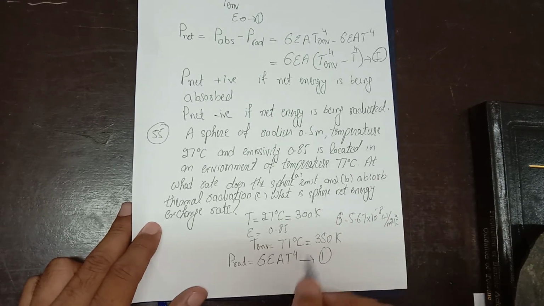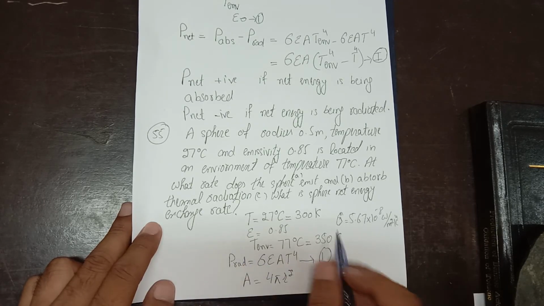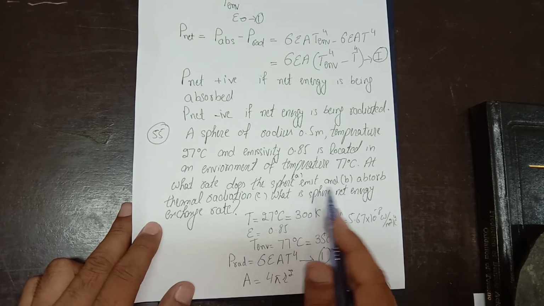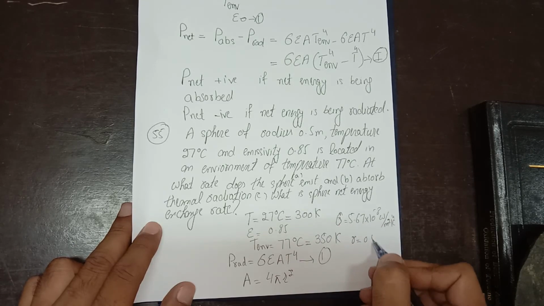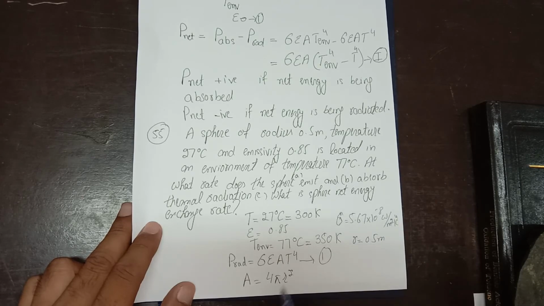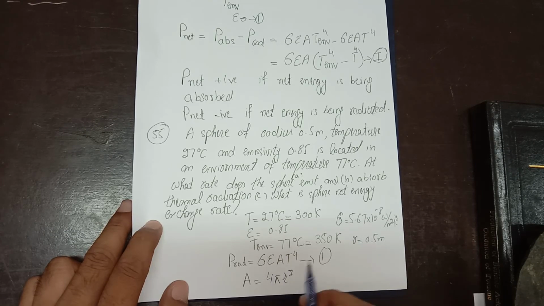One thing is missing, that is the area of the sphere. Area can be computed by 4 pi r square, and the radius is given as 0.5 meter, right? You can substitute this value and compute the area, and then you can put the values of sigma, emissivity, area and temperature of 300 Kelvin, and you will get the radiation rate.